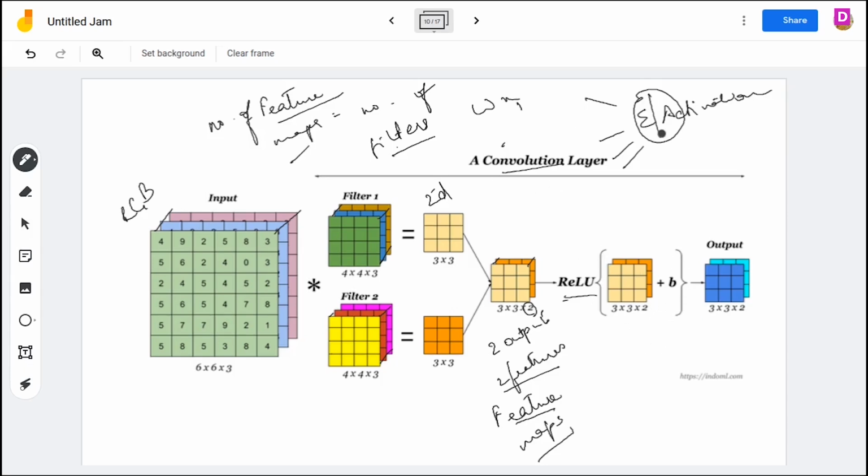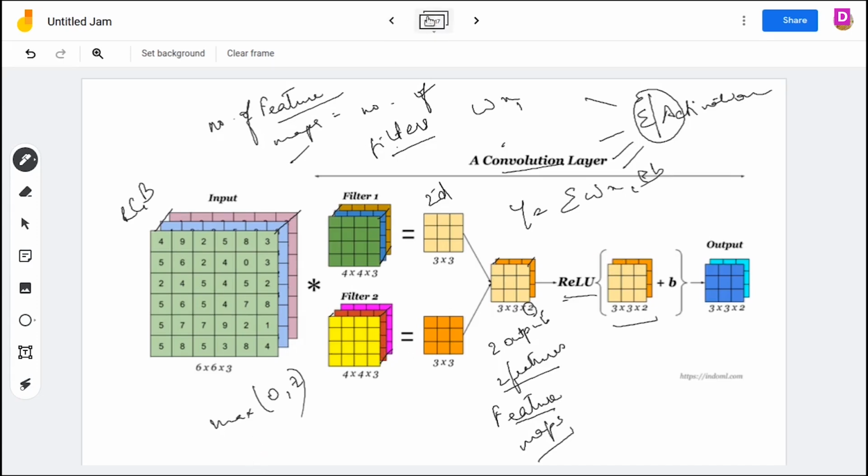If you remember, y was equal to the summation of all w x_i plus b, right? It was the summation of the whole thing. Now you apply ReLU over the whole thing. ReLU is easy to use even in CNN, because ReLU is basically just the maximum of 0 and z. So whichever is larger, either 0 or the number itself, that value will be kept. So that is it.